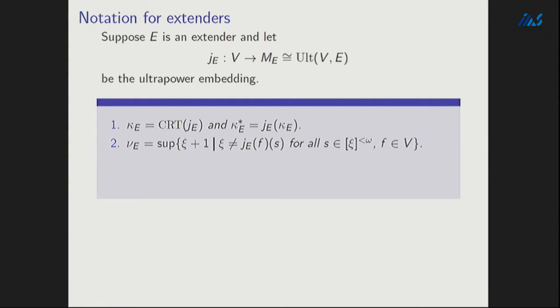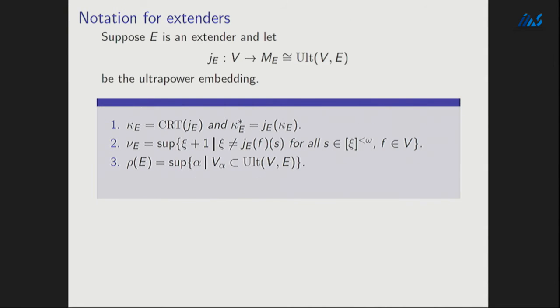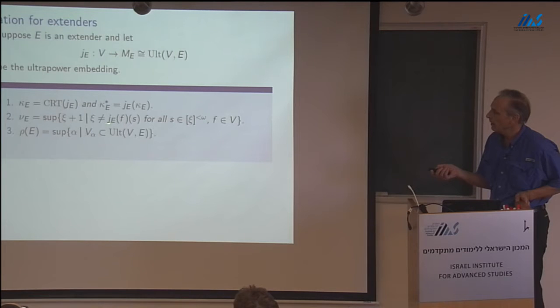Now more technically, nu_E is the sup of a bunch of ordinals. These are called generators. So we're looking at an ordinal psi such that psi cannot be generated by taking a function, applying the embedding j to it, and evaluating it at a finite subset of psi.